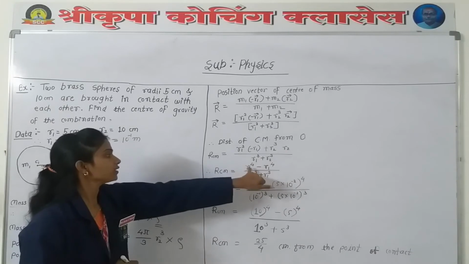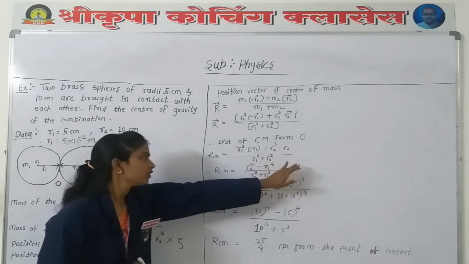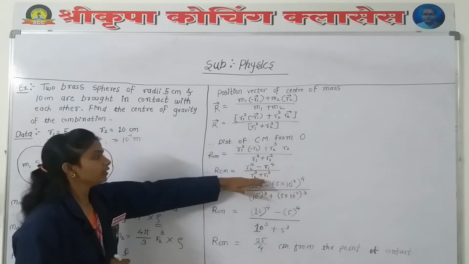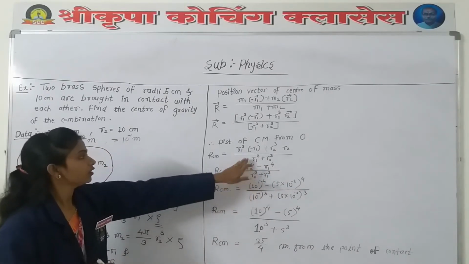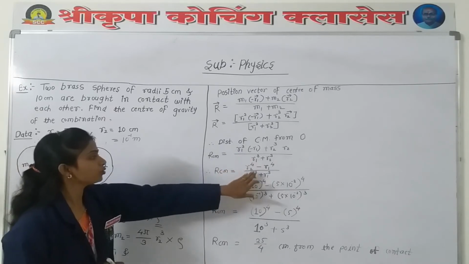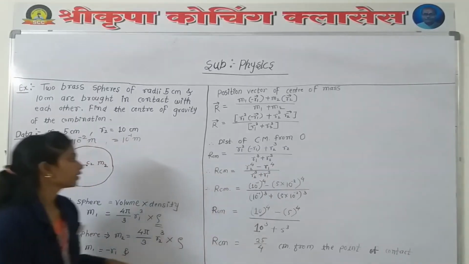Here we take the R2 term first and minus R1 second. Therefore in the denominator we take similarly R2 raised to 3 plus R1 raised to 3.